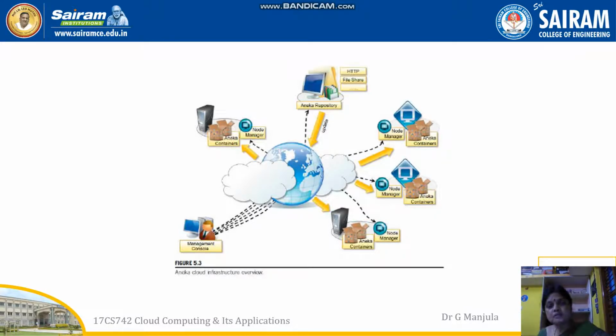Now you can also see there is a dashed line called the Aneka repository. Repository means a storage unit, or a storage device, where I can access the data, modify the data, retrieve the data, and update the data. You can see all the directions of the node manager are from the administrator, whereas from the Aneka repository I am collecting, that means from the repository I am collecting the data.